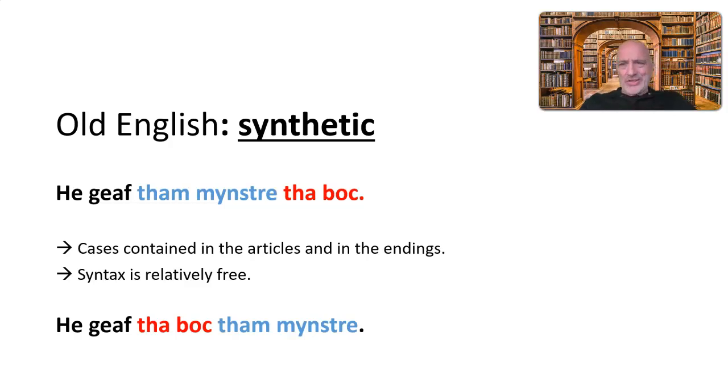Now, that the cloister is on the receiving end is expressed by the article thum. And that the book is being given is the article tha, the accusative. He gave whom? The monastery, the book. Okay, it's clear.